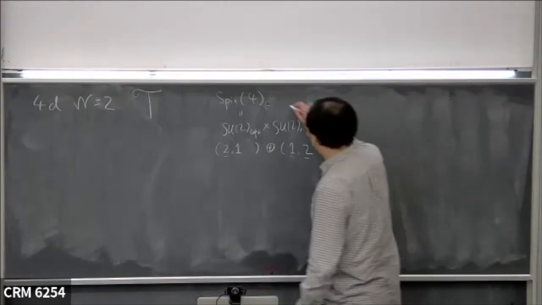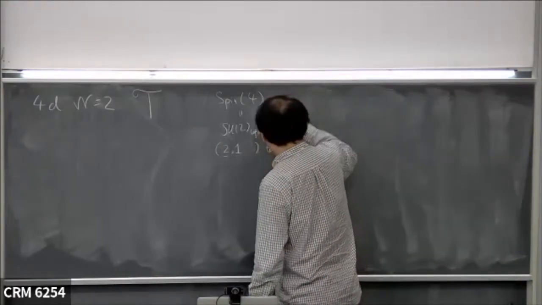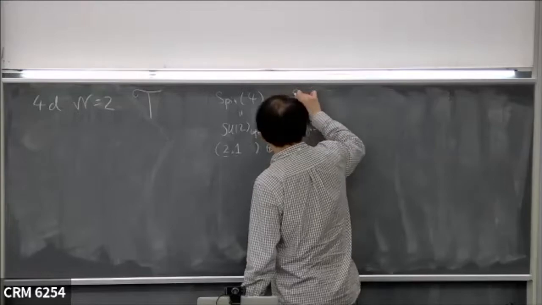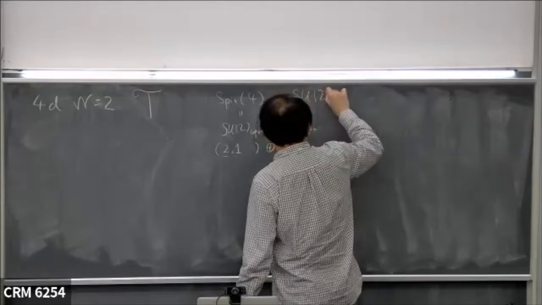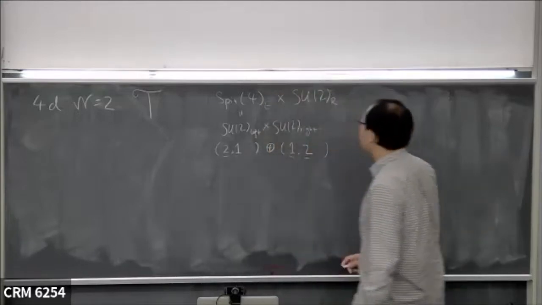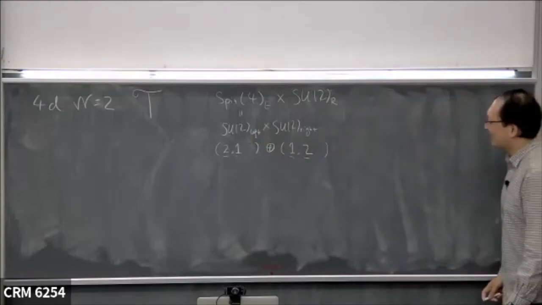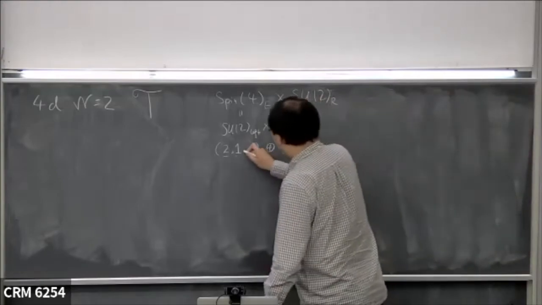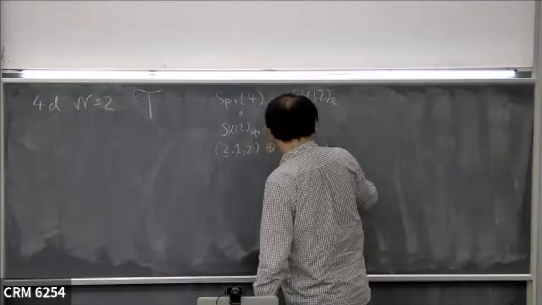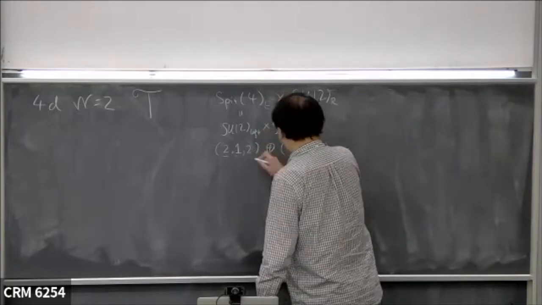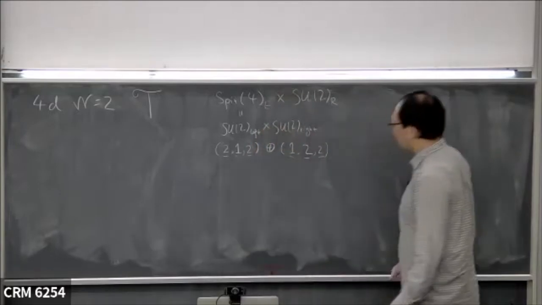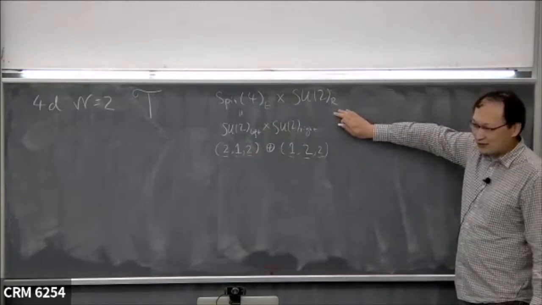For N equals 2, you need two copies of this. As a consequence, there's an additional R symmetry. I will denote it as SU2R. And then they are also going to be two-dimensional, from the two-dimensional representation of the SU2R.